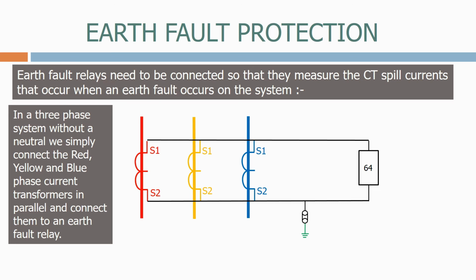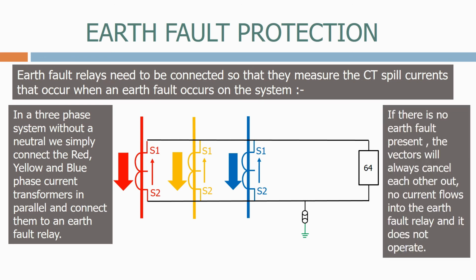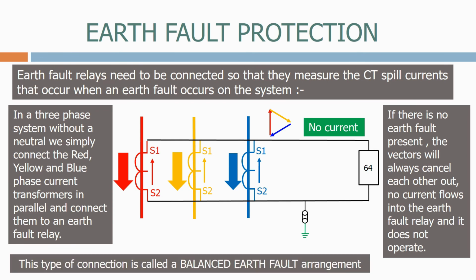Each CT will generate its own current, so we have red phase current, yellow phase current, and blue phase current. If there is no earth fault present, the vectors will always cancel each other out. No current flows into the earth fault relay, and it does not operate. This type of connection is called a balanced earth fault arrangement.